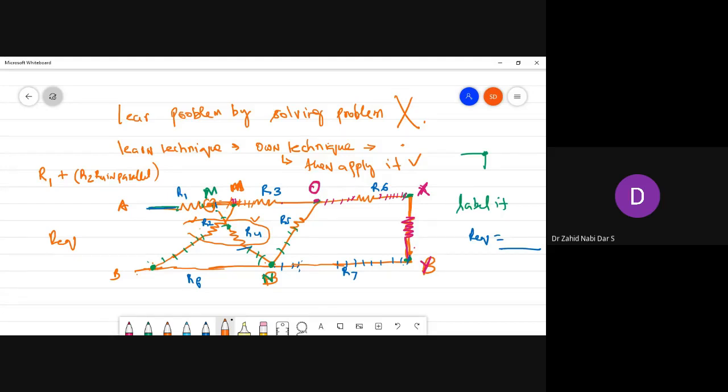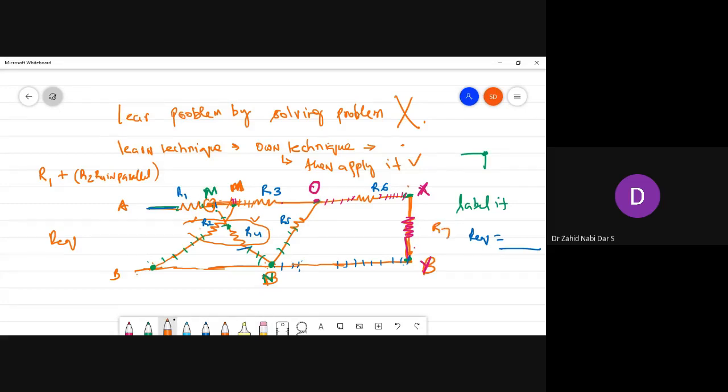Now what I see is this point is connected between OB, OB, and I don't have these particular points over there, R7 and R6, since I have removed this. I only have these points. So if I see this X, B, there is R6, R1, R2, R3, R4, R5, R6, and this R7 I have kept.